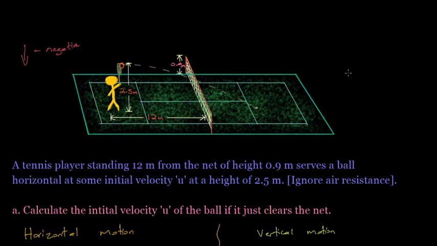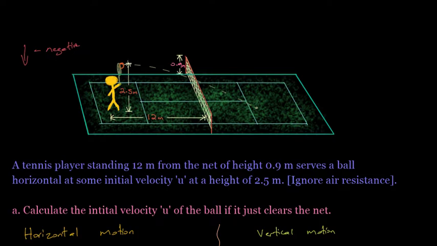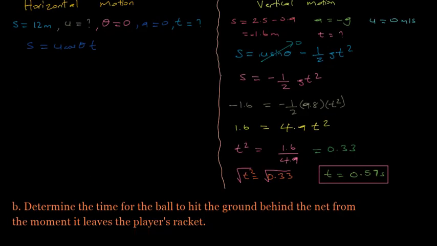Remember, as we said before, that the time in the vertical and the time in the horizontal is the same. So if it takes 0.57 to go from here to the ground, it will also take 0.57 to go from here to the net. So we get our time for it to reach the net to be 0.57 seconds.